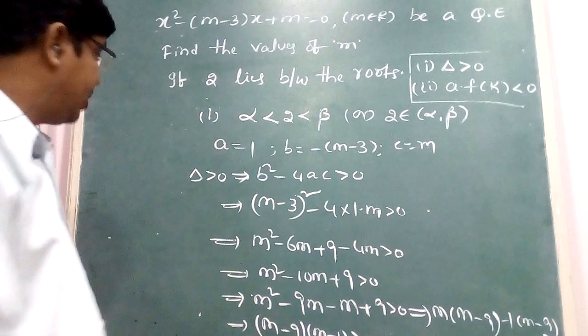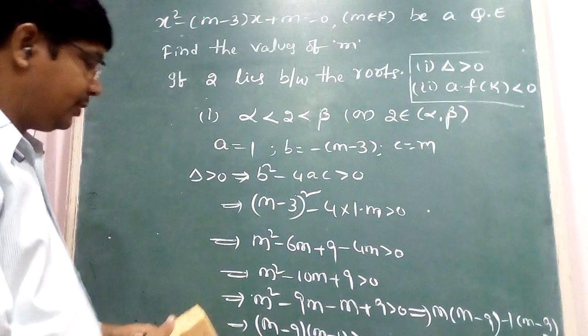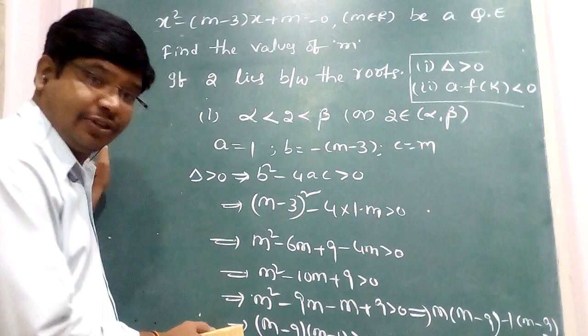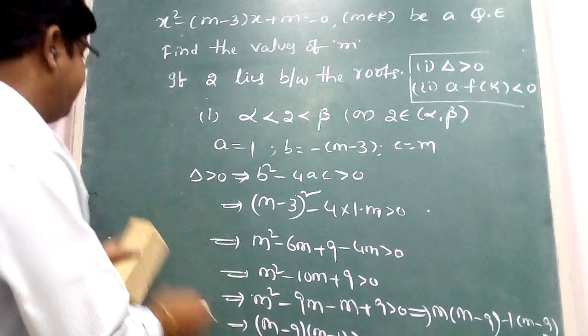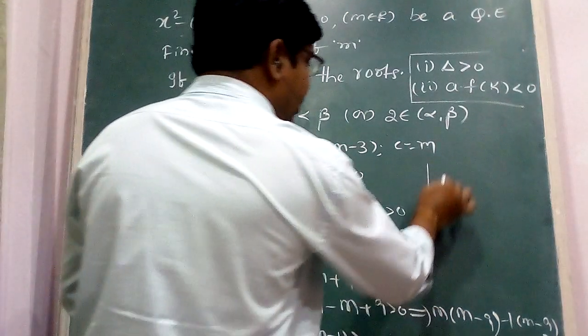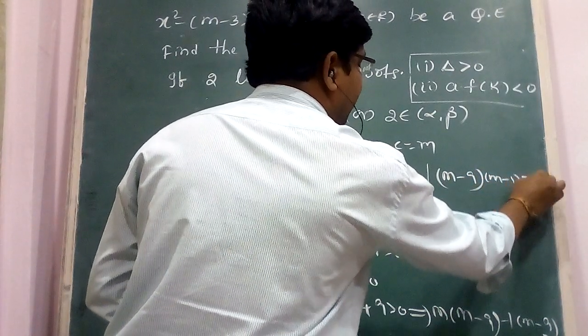From this one, m minus 9 into m minus 1 is greater than 0. I am writing it here.